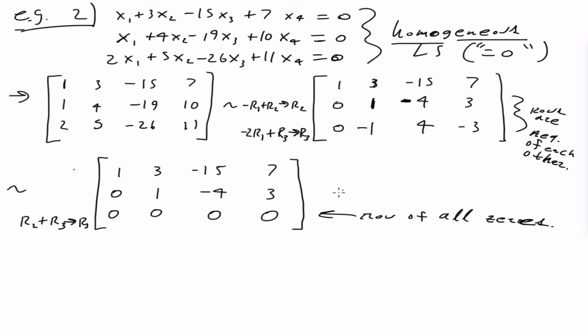Okay, so what to do in this case? This is just how the echelon works. We see these are my leading entries. So this is now an echelon matrix. Okay, this is my echelon matrix, and these are my leading entries.